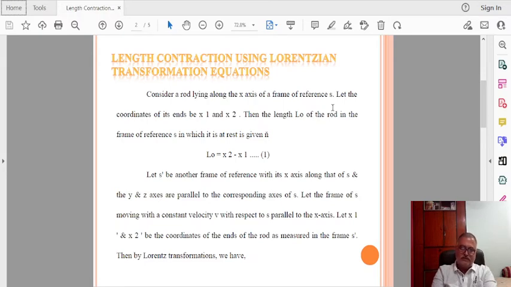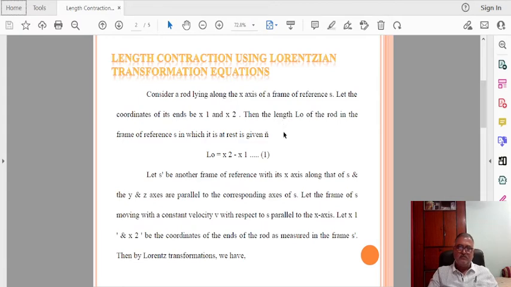Another frame of reference, as we are well familiar, that is S prime, their coordinates or the axis x prime, y prime, z prime, all these things. Then the coordinates of its ends, the x1 and x2.